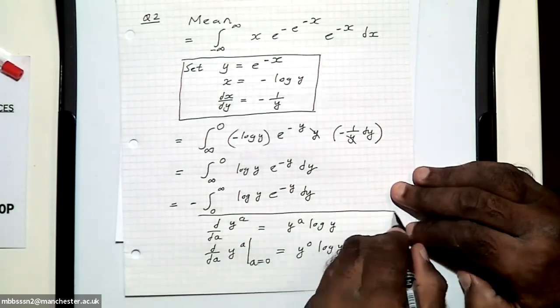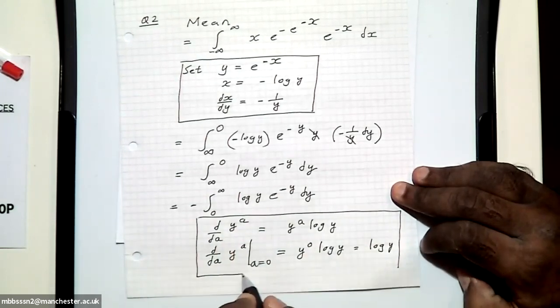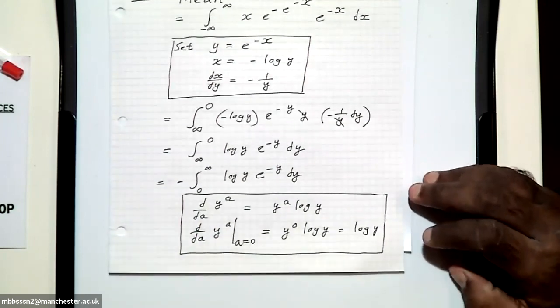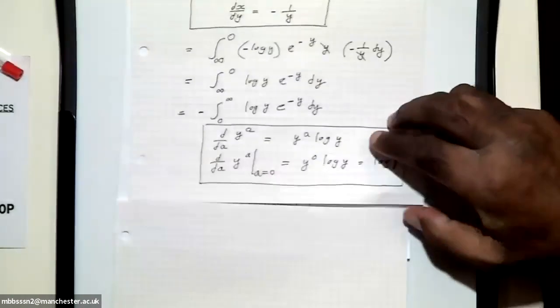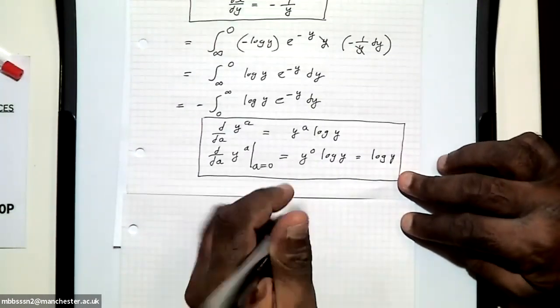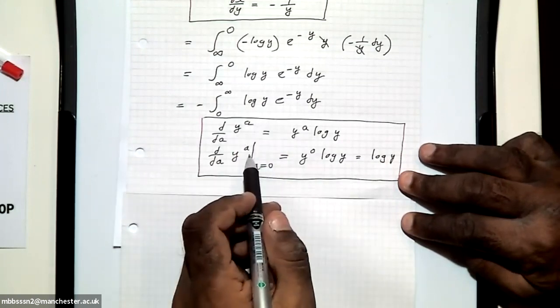So let me put this in a box, right? You see what I've done? I put things in a box, right? Now what I'm going to do is replace the log of y here by the left-hand side, right?